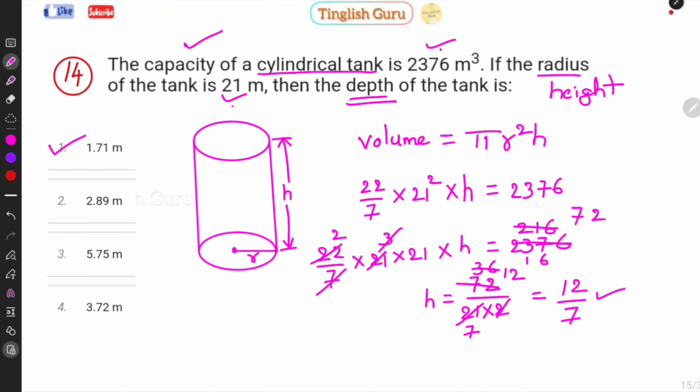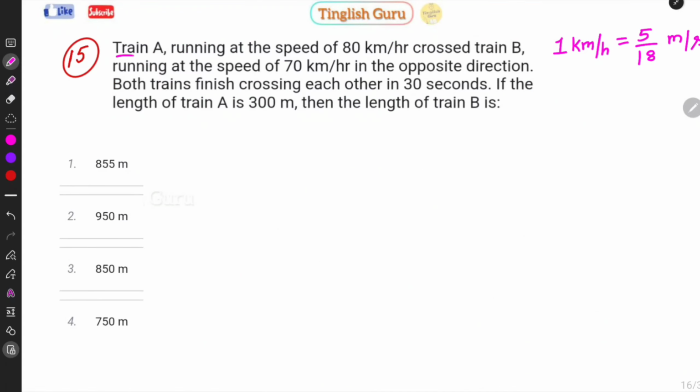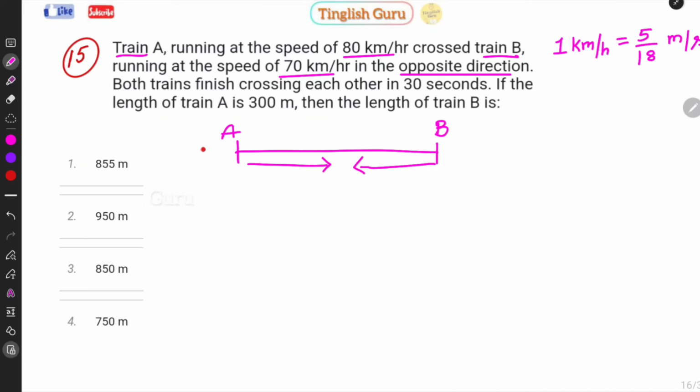So nothing else. Next. Train A is running at a speed of 80 and train B is running at a speed of 70 in the opposite direction. So let us say two trains A and B are moving in opposite directions and their speeds are 80 kilometers per hour and 70 kilometers per hour.